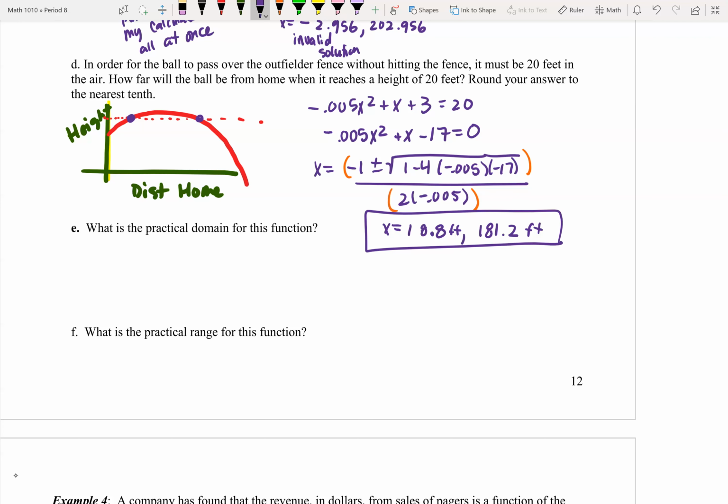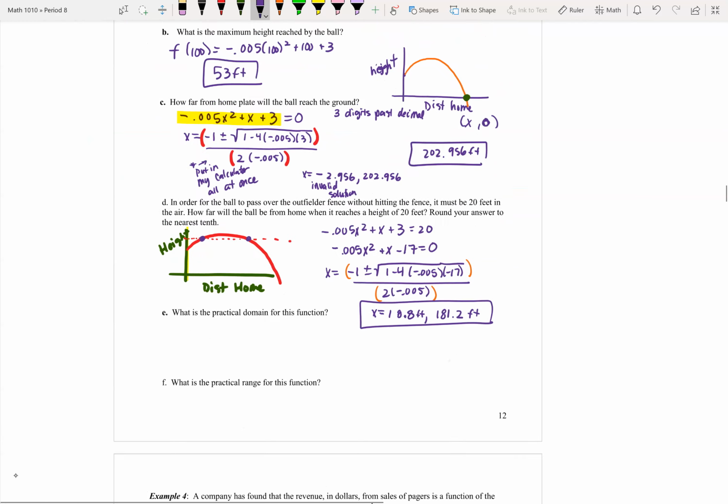Divided by, what do I hit right after divide? Parenthesis. Then I'm going to go 2 times negative 0.005, close it, enter. There's my 18.8. Then if I go up, right, negative, enter. There's my 181.2, and I'm done. Tenth means 1 digit after the decimal, okay?